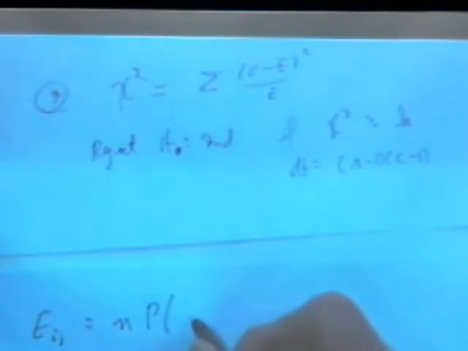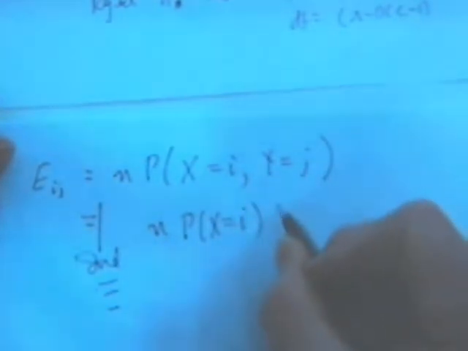We could talk a little bit about the expected value. That would be the expected frequency in the ij cell.